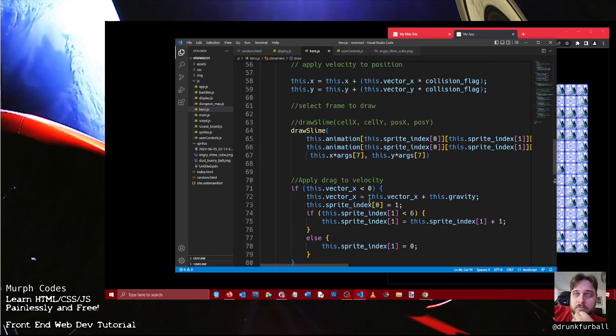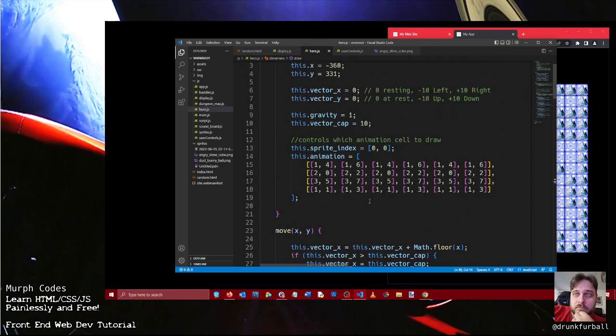I'm probably overcomplicating the prop. It's probably what I'm doing.